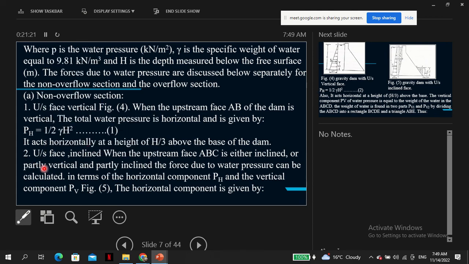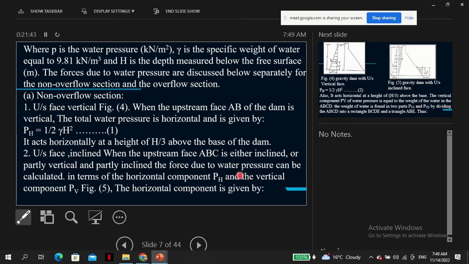So when the upstream face ABC is inclined, or partly vertical and partly inclined, the force due to the pressure can be calculated in terms of horizontal component PH and the vertical component PV. Figure 5.